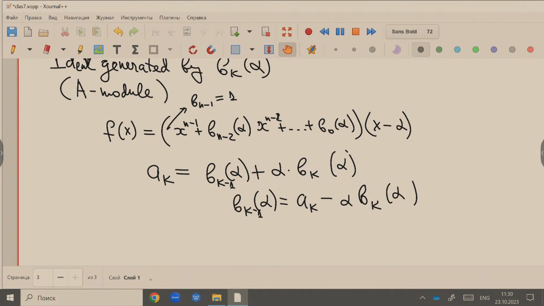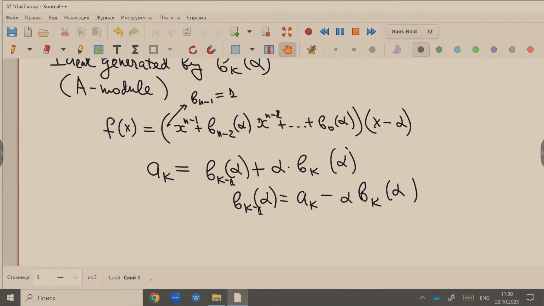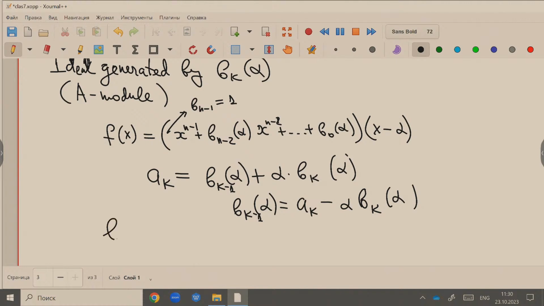So you see that what is spanned by the b_i of alpha is just the span of this basis, which is 1, alpha, etc., alpha^(n-1).